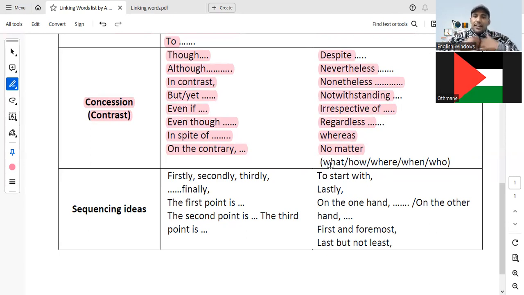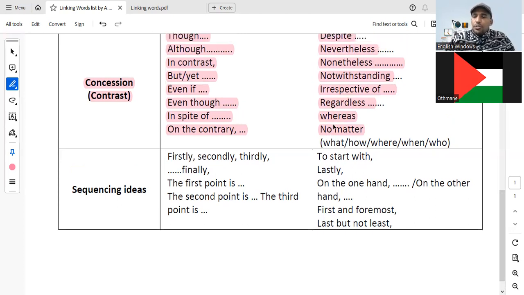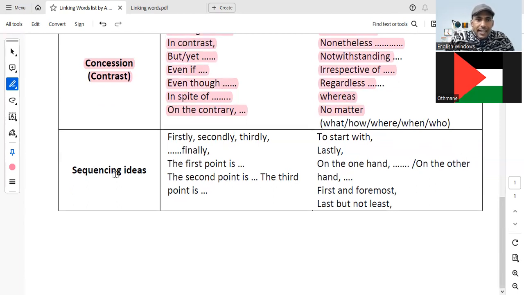Even if you have a lot, you won't be able to travel to America, maybe because you don't have a passport, or you can't get a passport, or whatever. So we have no matter what, no matter how, no matter where, no matter when, no matter who. "No matter" is mostly followed by a WH word. Okay, so the next is some linking words for sequencing ideas.